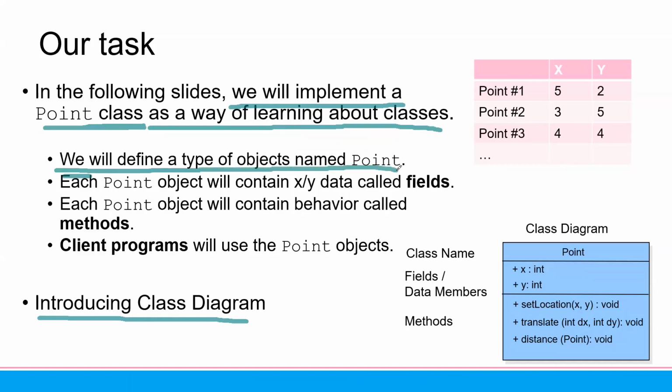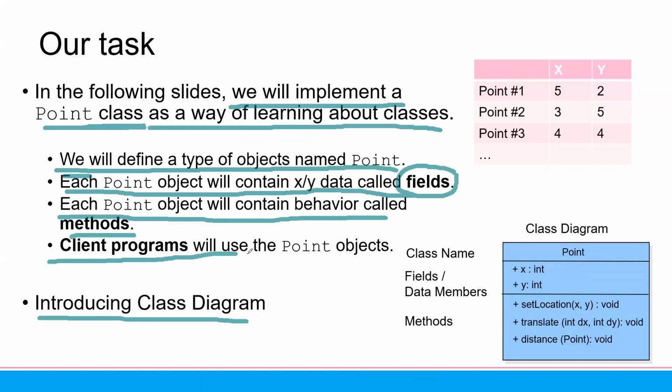We name it point. Each point object will contain X and Y data. We call them fields. And each point object will contain behavior, and we call it methods. And the client program will use the point object.